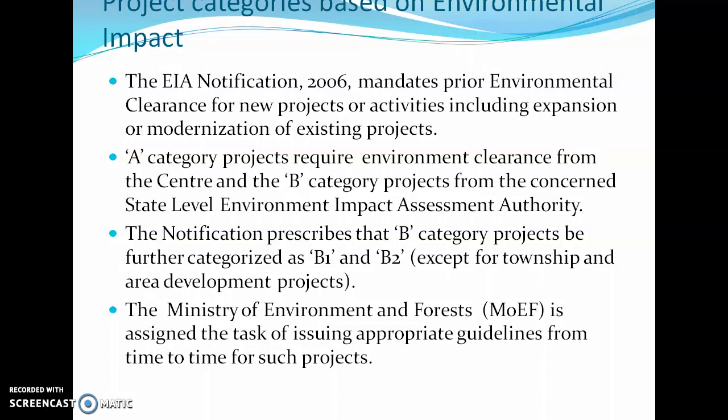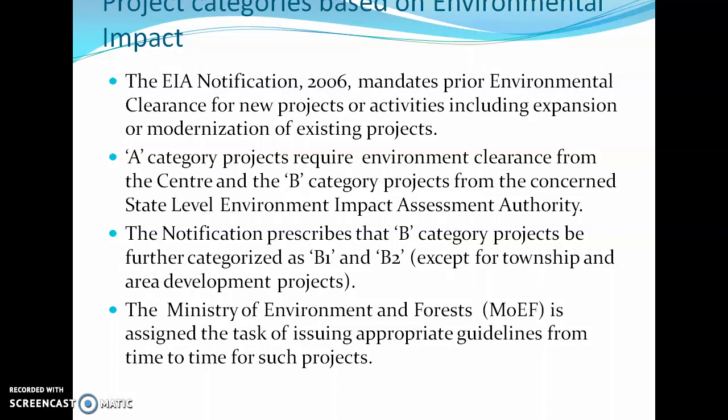A category projects require environmental clearance from the center, and B category projects from the concerned state level environment impact assessment authority. So an A category project has to get clearance from the center, that is New Delhi, and a B category project should get clearance from the state level environment impact assessment authority.